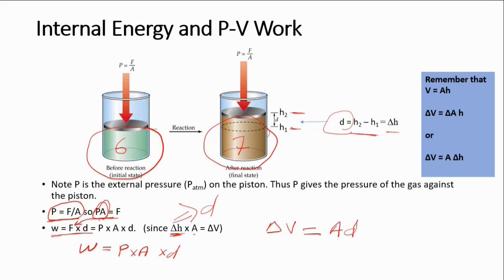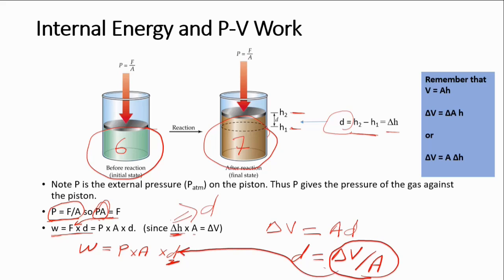With a little rearrangement, d is equal to delta V divided by A. So in this expression, we could remove the d and put this one.